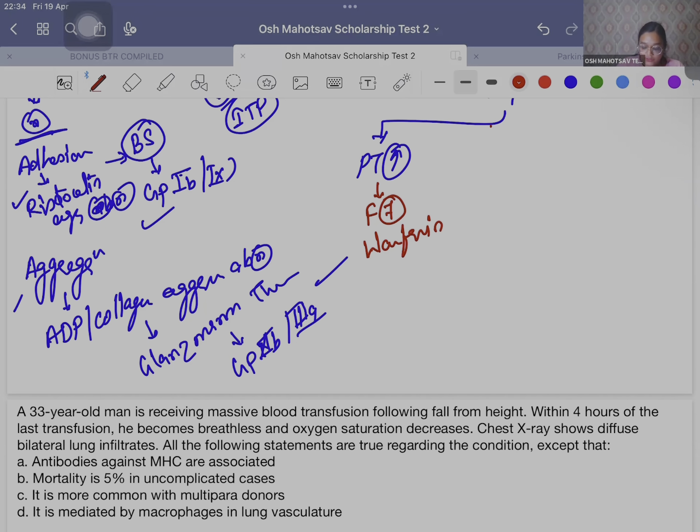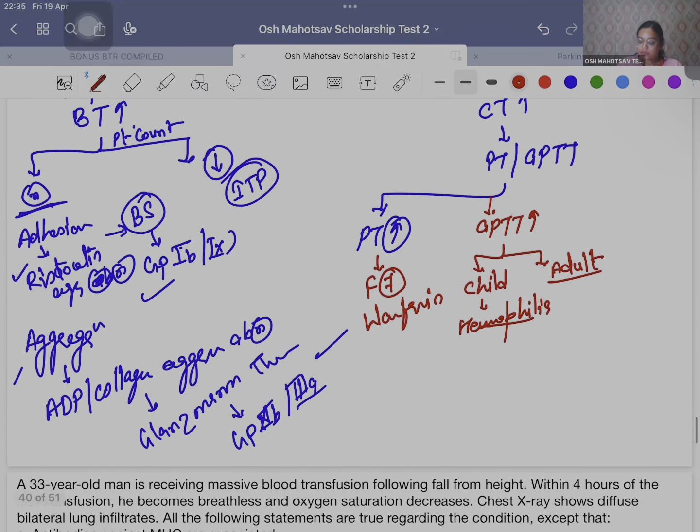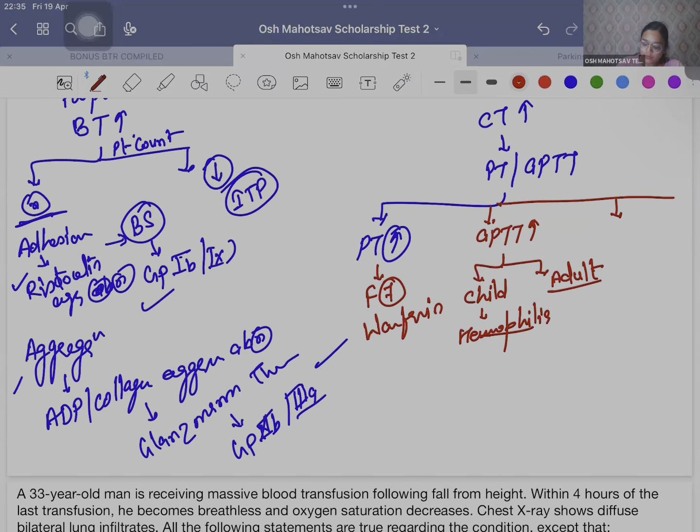If only APTT is more, then we need to see whether it is a child or an adult. If it is a child, the diagnosis can be hemophilia according to the clotting factor defect. If it is an adult, then the diagnosis can be Epla syndrome. Next, if both APTT and PT are normal, then the diagnosis will be factor 13 deficiency.